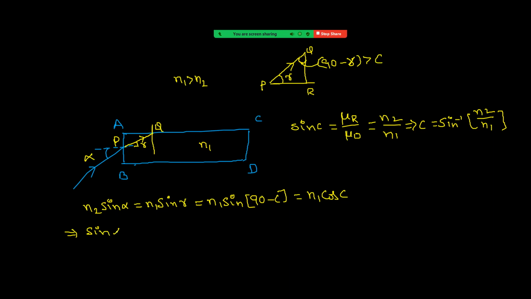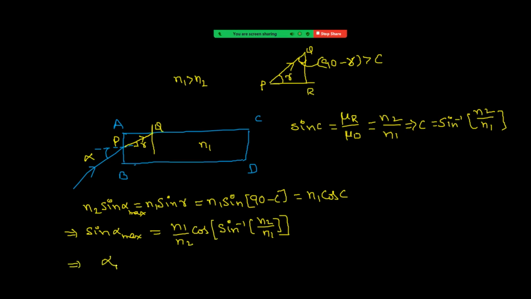Sine alpha, this is now alpha maximum. Sine alpha maximum is equal to N1 by N2 cos of C. In the place of C, sine inverse N2 upon N1.